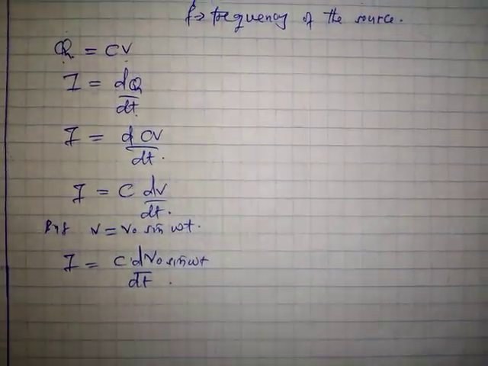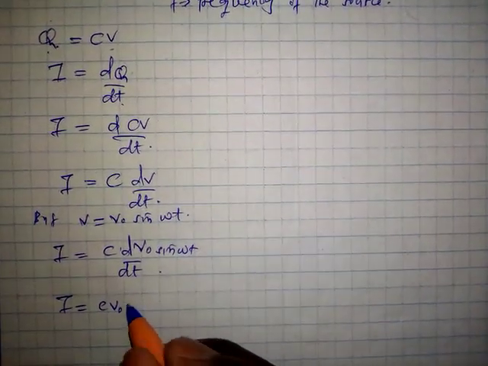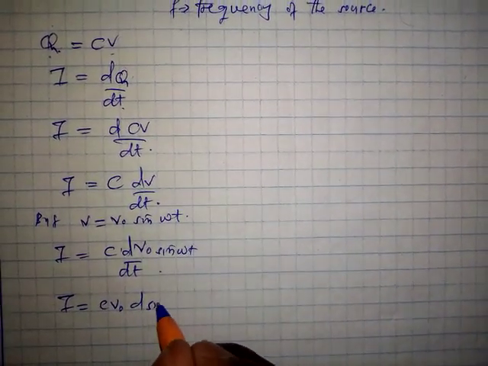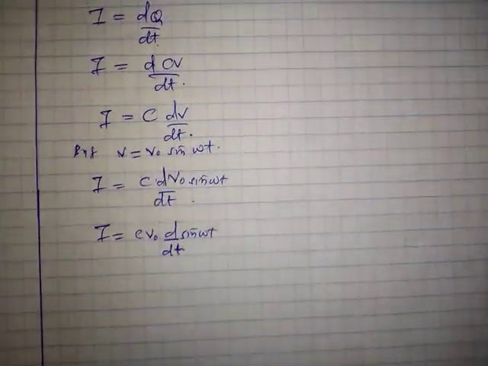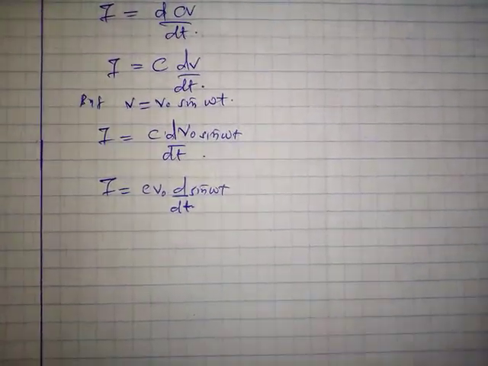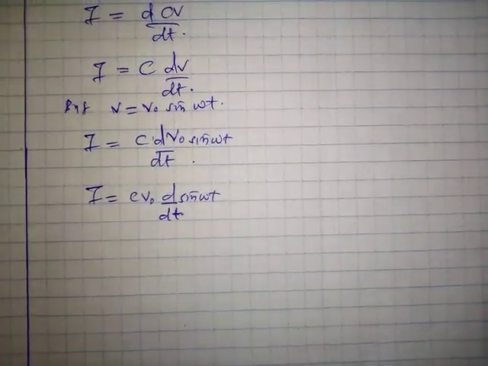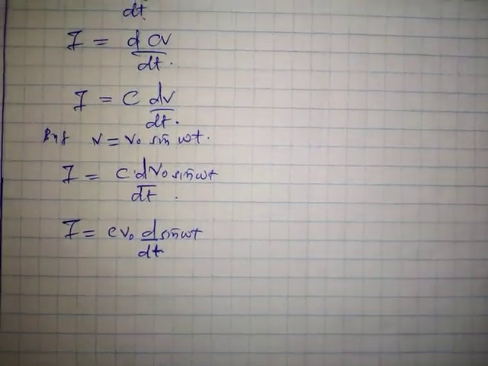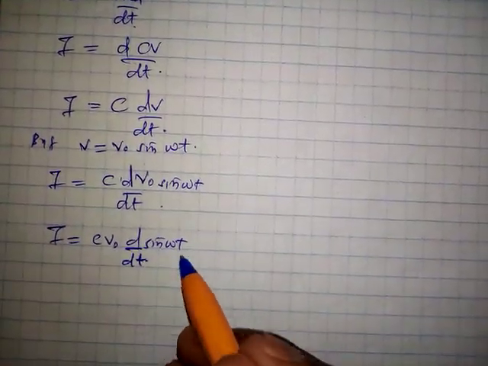This is the same as I equals CV naught d(sine omega t) dt. Hope we are together. So at this point, we find the derivative of sine omega t.